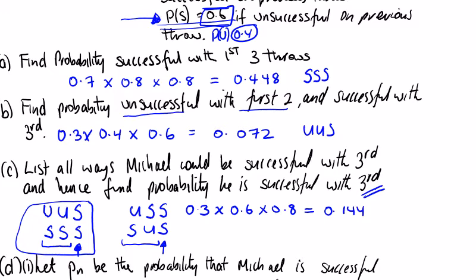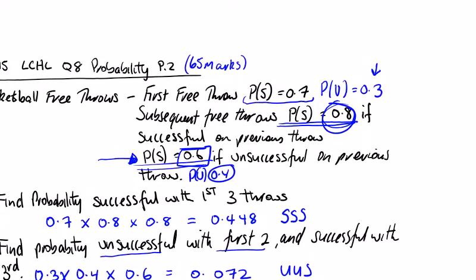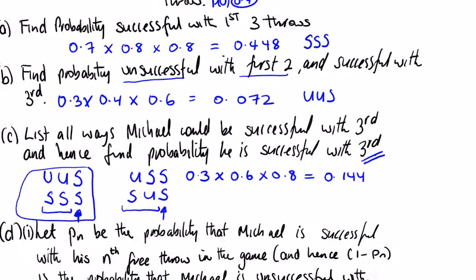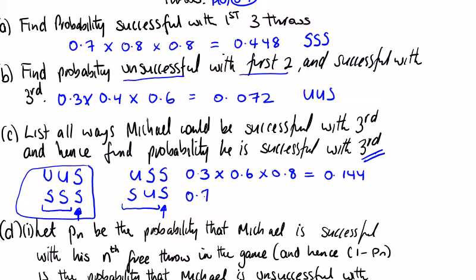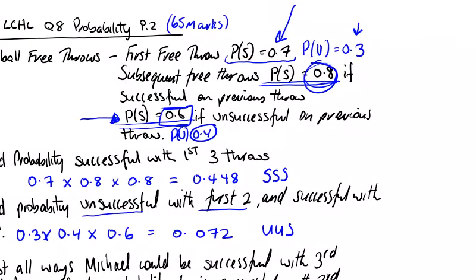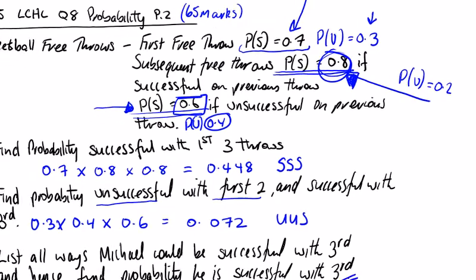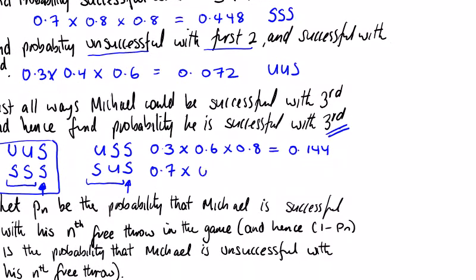Successful at the beginning. So this SUS, success at the beginning, is 0.7. First throw, this 0.7. To be unsuccessful, having previously been successful. So if he was successful, it's 0.8 that he'd be successful again. So the opposite side of that we haven't had yet is 0.2. So he got one, and then he misses the next one. That's 0.2.